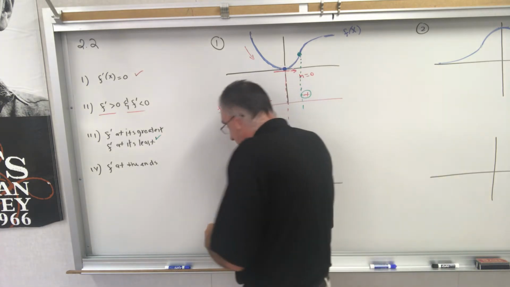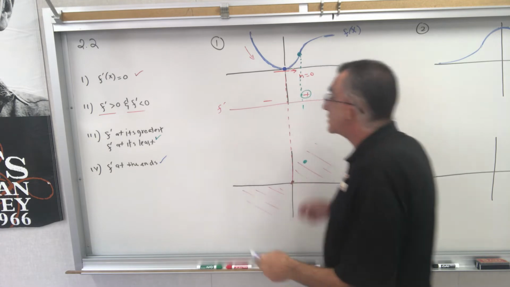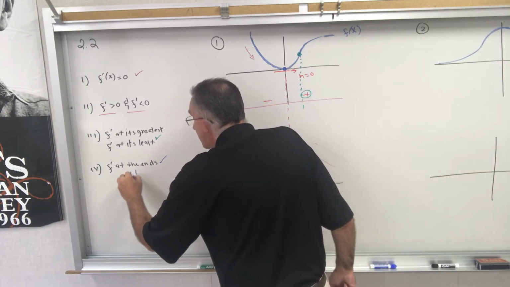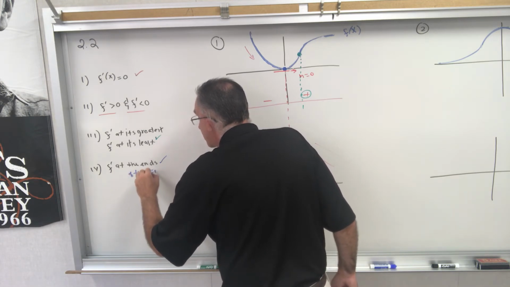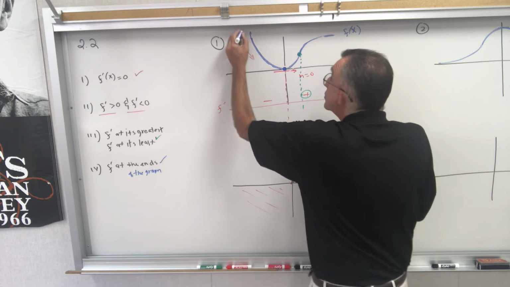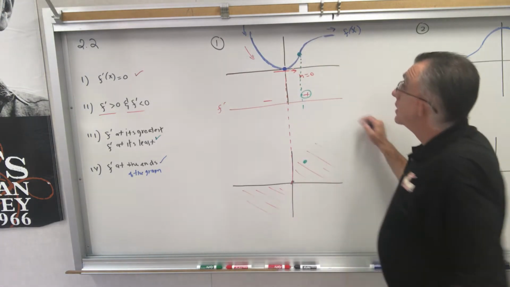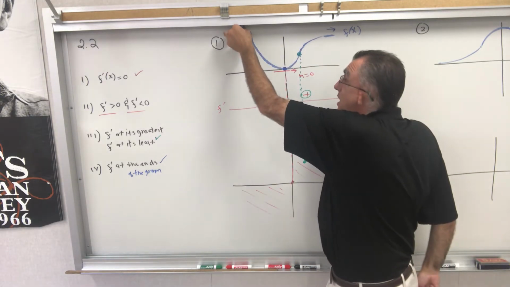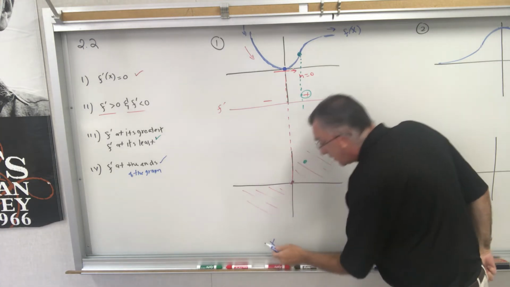Now the fourth step is the endpoints. No, sorry, the ends of the graph. At the ends of the function, what you want to ask yourself is, what are the derivatives at the very end here? It's negative, but it's a big negative number. It's almost infinity there, isn't it? So you want to put that down.